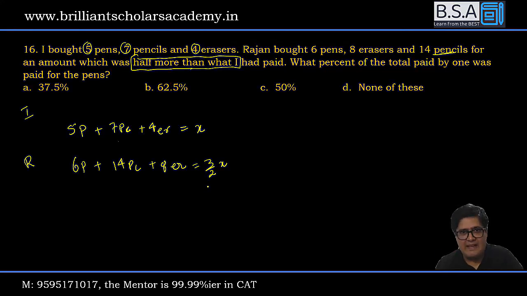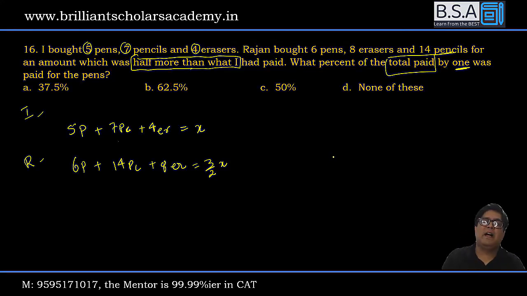What exactly is the question? The question is, what percentage of total paid by one, either I or Rajan, was paid for pens? So I'm supposed to find the amount of P in the form of X. There are multiple ways I can do this. See, do you notice here?